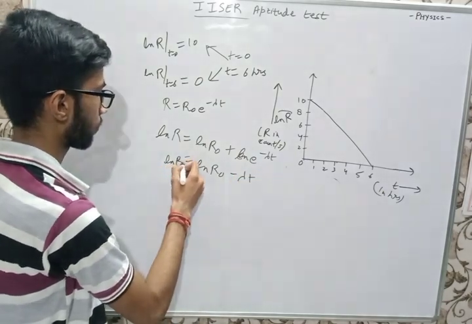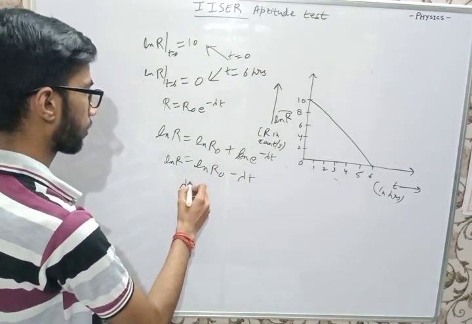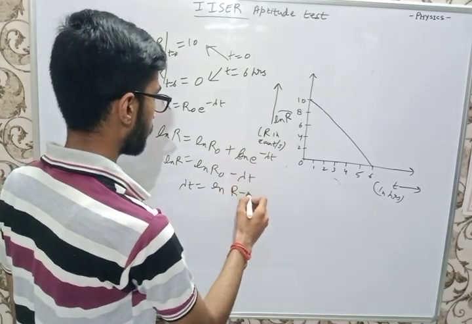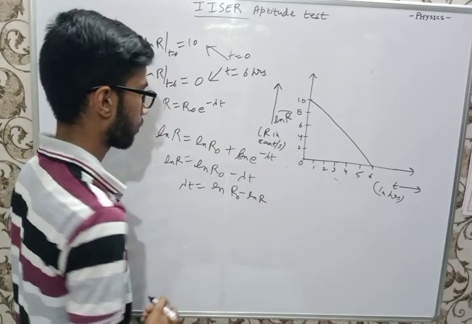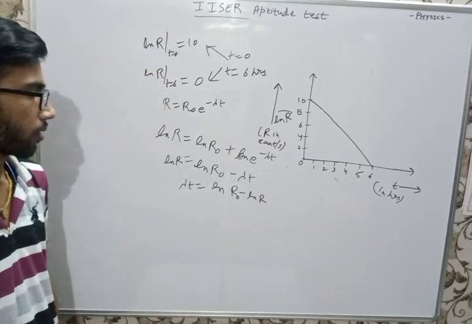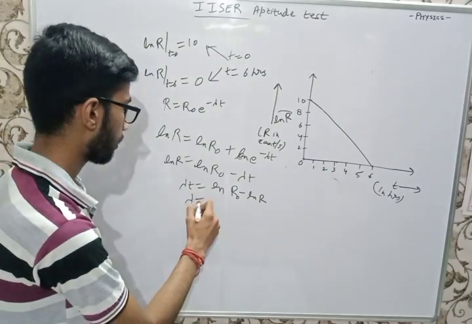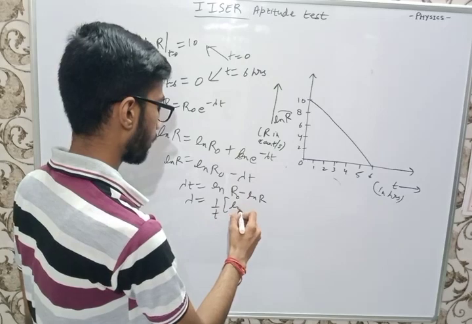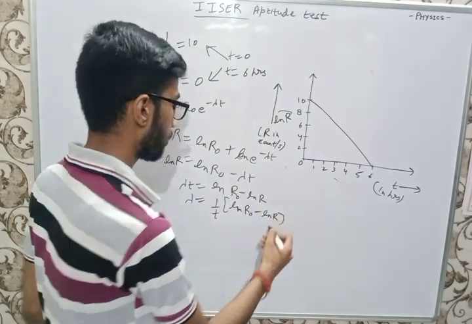So lambda t equals ln R naught minus ln R. Just check the calculations: lambda is 1 over t times ln R naught minus ln R. This is the relation.